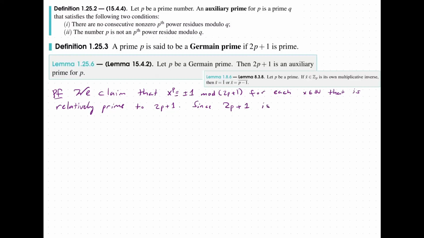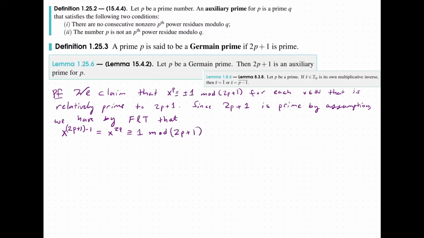So since 2P plus 1 is prime by assumption, we have by Fermat's little theorem that x to the 2P plus 1, since that's prime, minus 1, which is equal to x to the 2P, is congruent to 1 modulo 2P plus 1.